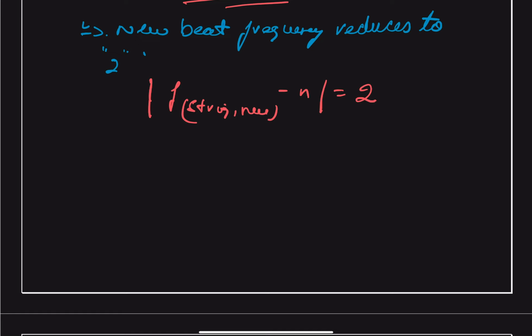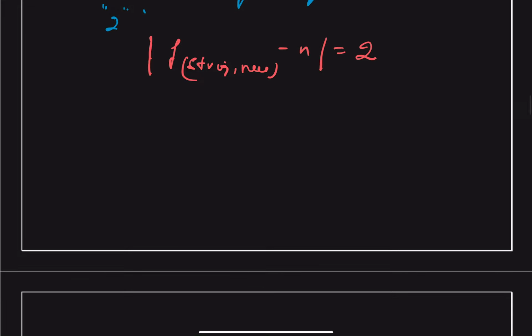Which basically means that the new frequency of the string, represented as F string new, moves closer to n because the value has been reduced from 4 to 2.